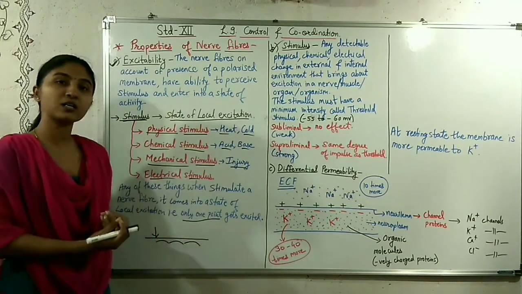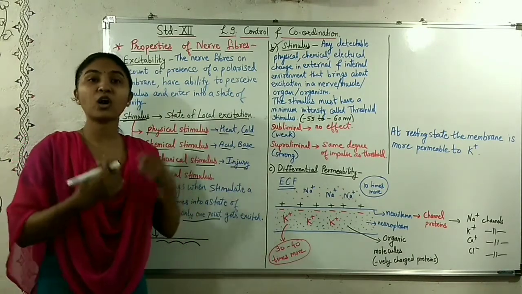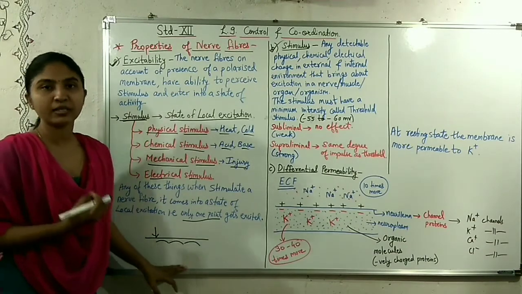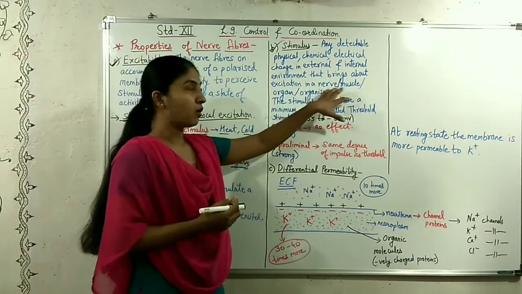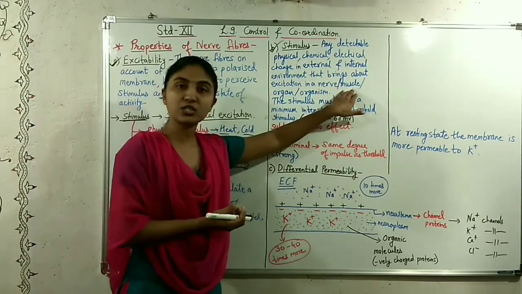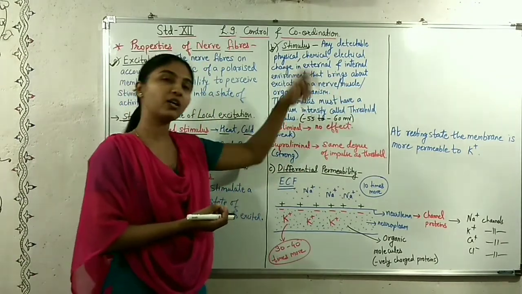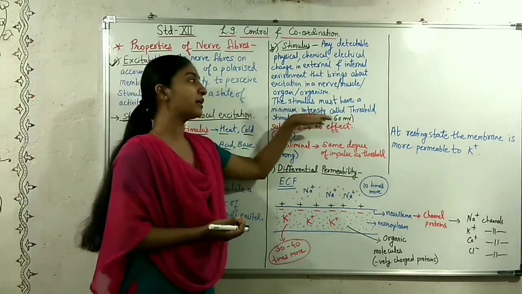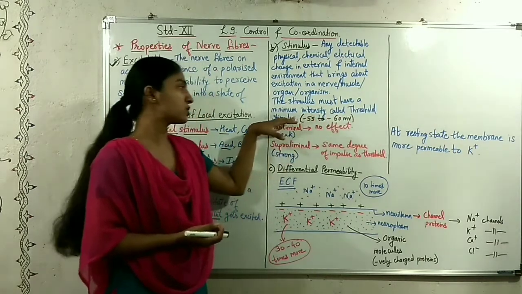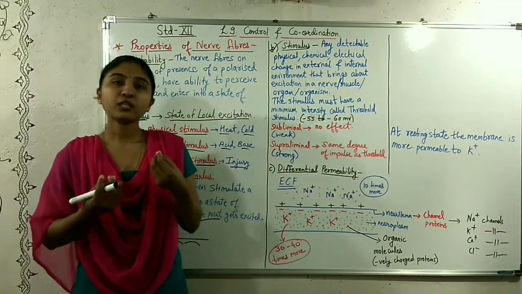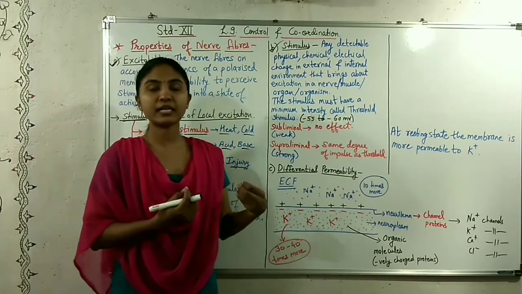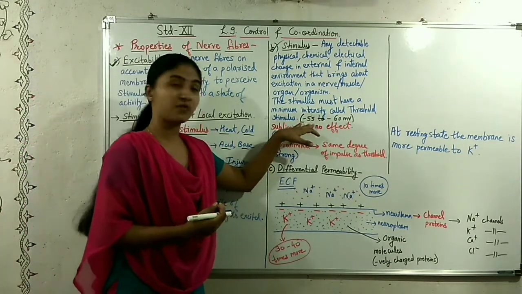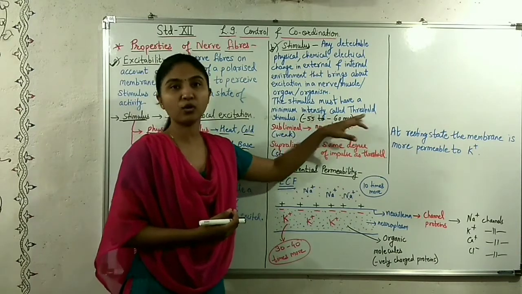If the change occurs in the external environment or internal environment, at that time the nerve fiber gets stimulated, or even a muscle, or organ, or organism. So the stimulus must have minimum intensity, called the threshold stimulus. The stimulus should be of minimum intensity, that is from -55 to -60 microvolts.